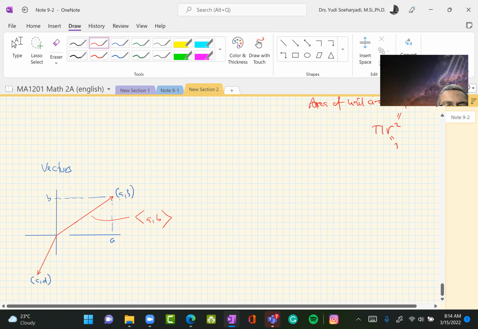See, if I write this down using just regular parentheses, then this is a coordinate. This is a vector. And equally, it is written as A times vector i and B times vector j.